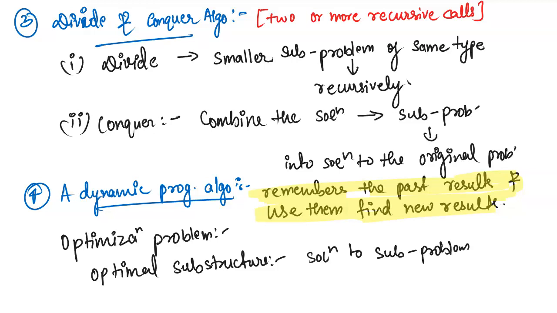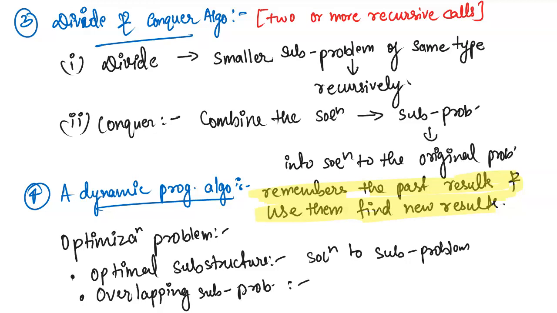And for overlapping subproblems, the solutions to subproblems can be stored and reused in a bottom-up fashion. So this is basically dynamic programming.